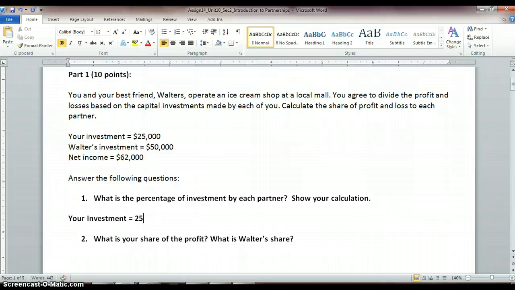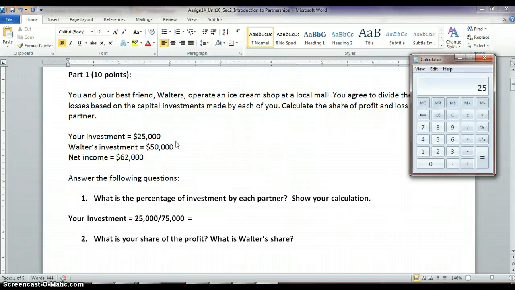So we're going to take what we invested divided by that $75,000. And then just to refresh how to determine fractions with you guys, when we take 25,000 divided by 75,000, we get 0.333333.